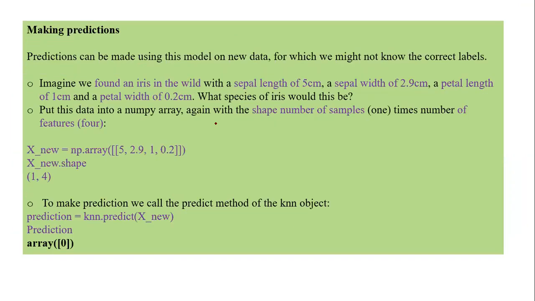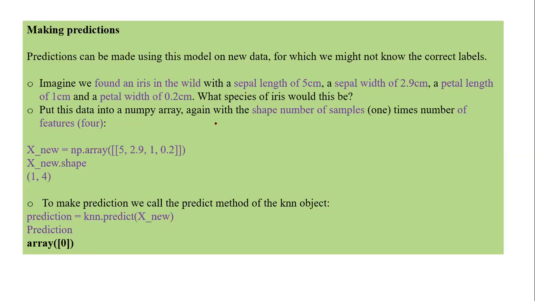And now the evaluation part comes here. We have trained our model on the training data, and now we will take unknown values and ask our model to predict. So prediction can be made using this model on new data for which we might not know the correct labels.